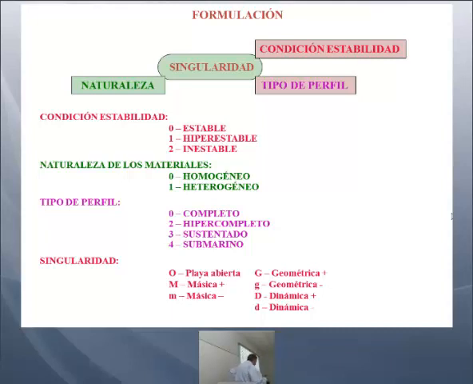Nosotros hemos llegado, pero esto también es solo para hablar un lenguaje esotérico, formulamos las formas costeras para que nadie nos entienda. Entonces, todas las siglas son mágicas, dinámicas o geométricas en positivo o negativo, y en función de la naturaleza, la condición de estabilidad, el tipo de perfil que es estable, hiperestable, estable, homogéneo, heterogéneo, científico por completo.